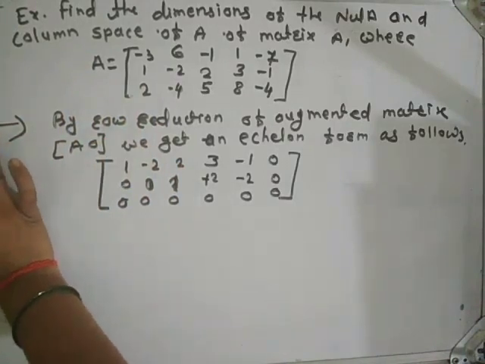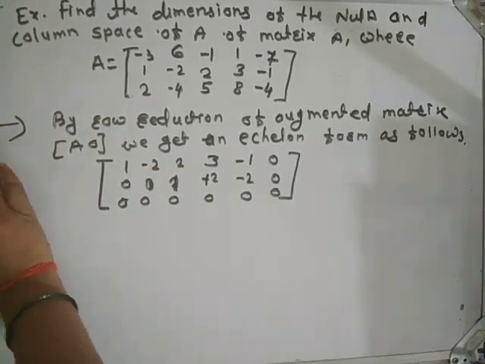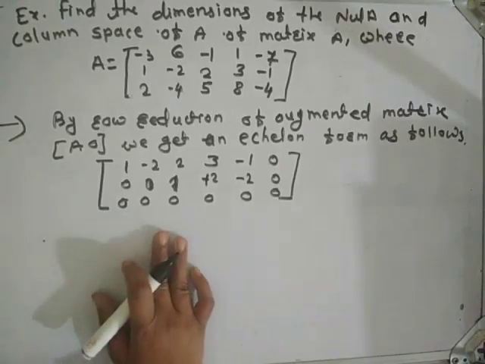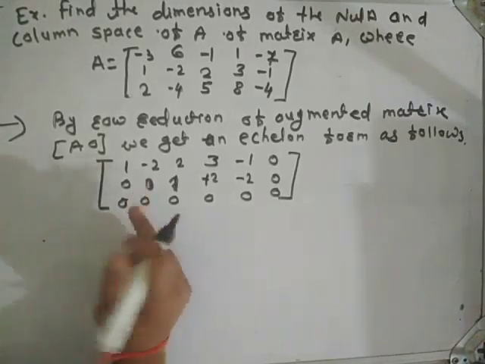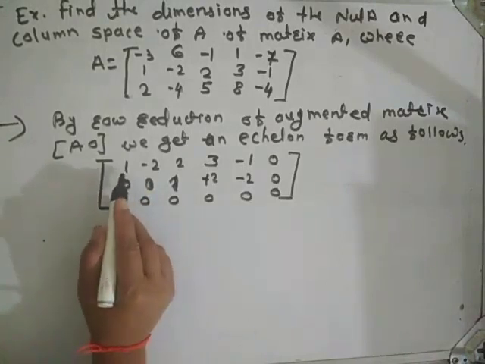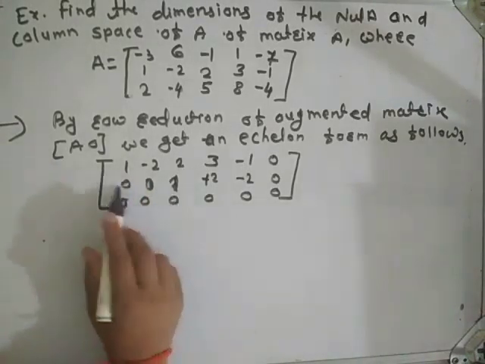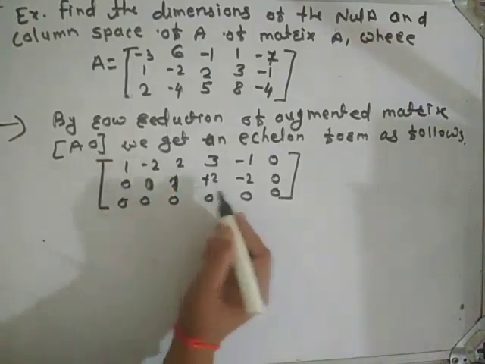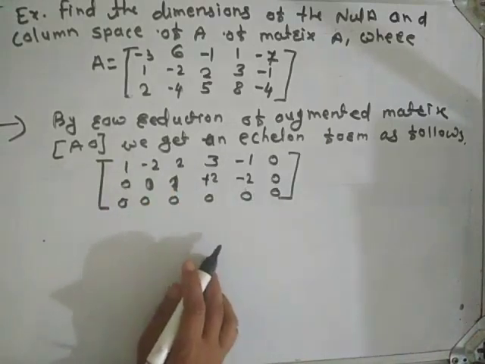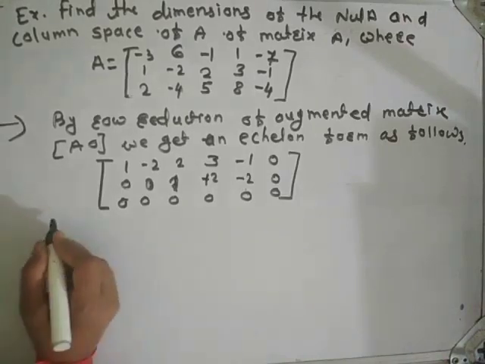The dimension of null space of A is the number of free variables in row echelon form. Here columns 1 and 3 have leading 1, that's why they are not free variables. Columns 2, 4 and 5 have no leading ones, therefore they are free variables.